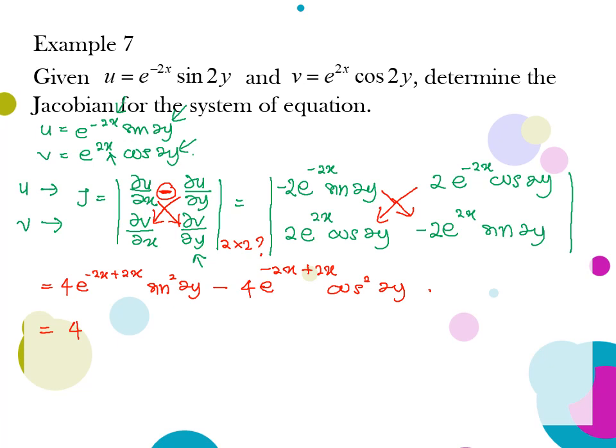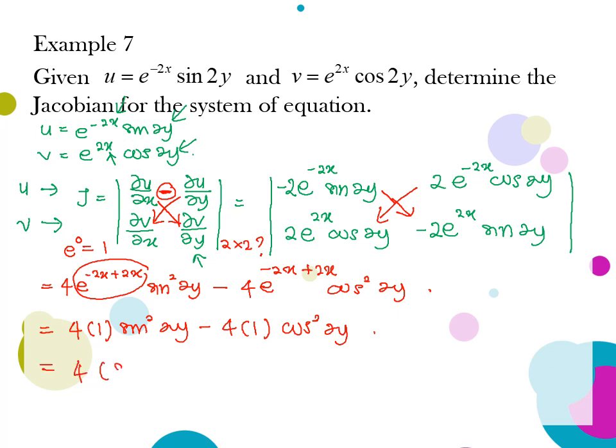You will get 4 times 1 because the exponent reduces to power 0, and exponent power 0 is equal to 1. This is sine squared 2y. Same goes to that, you will get 4 times 1 cos squared 2y. So you factor the 4 out, you will get 4 times sine squared 2y minus cos squared 2y. So this is the answer, or you can simplify this further.